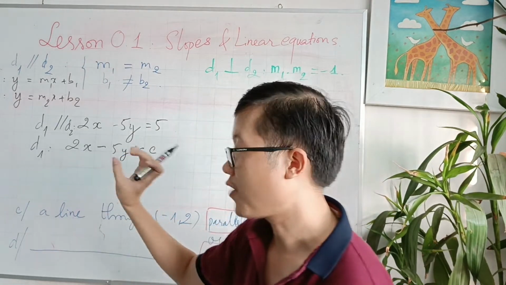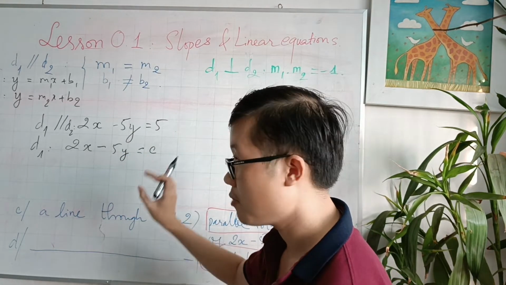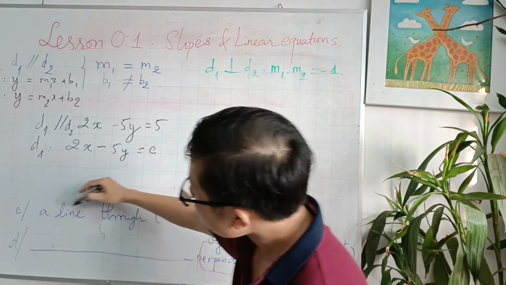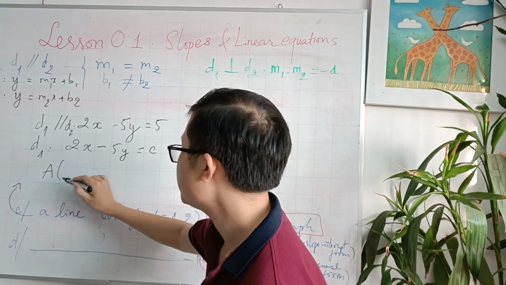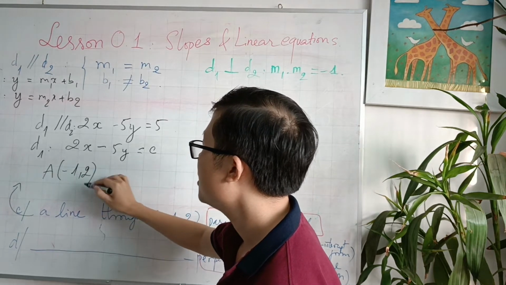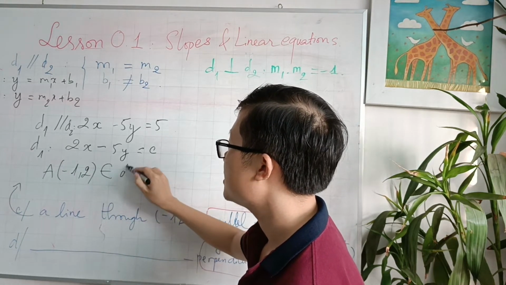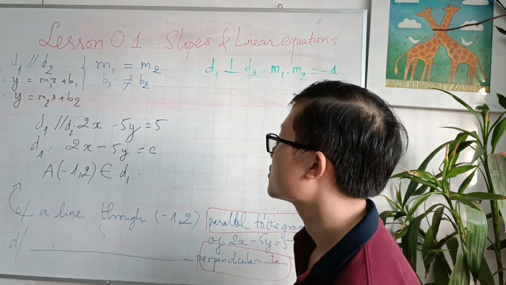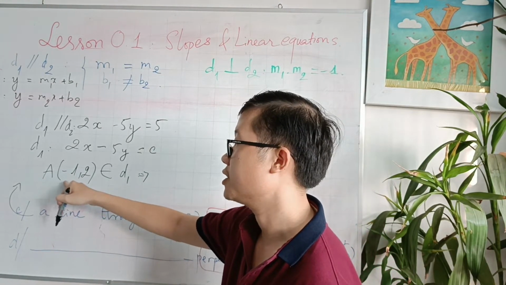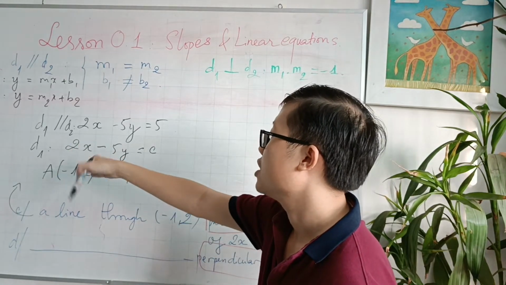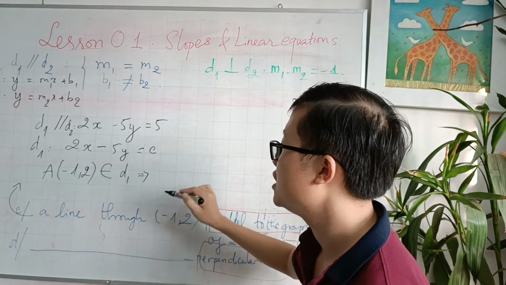We can write the mathematical symbols to denote this: the point A (-1, 2) lies on the line D1. So we substitute the coordinates of A into D1.